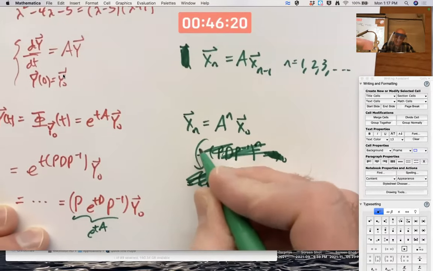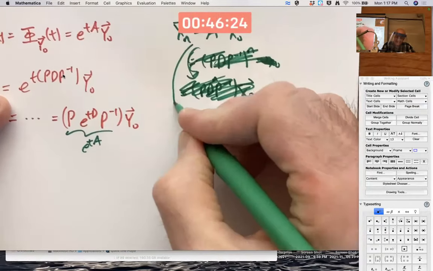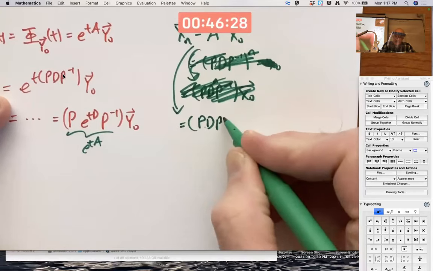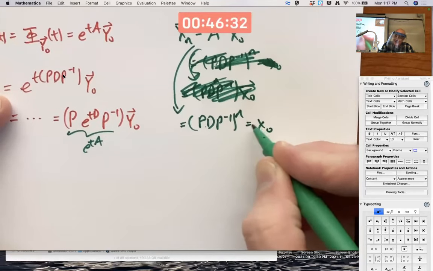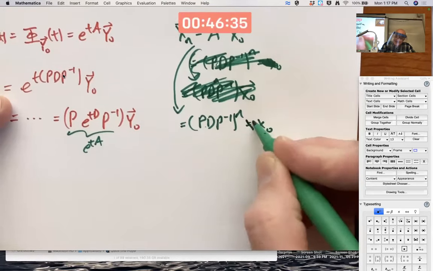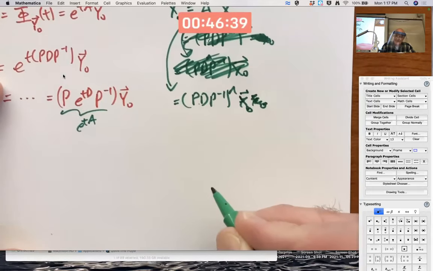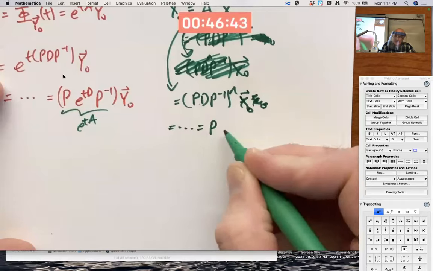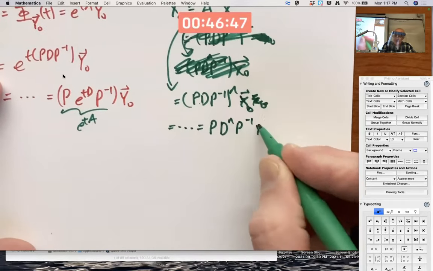I wanted to show two steps. The first step is to say A to the n is P D P inverse to the n. But then it can be proved that that's the same as P times D to the n times P inverse.